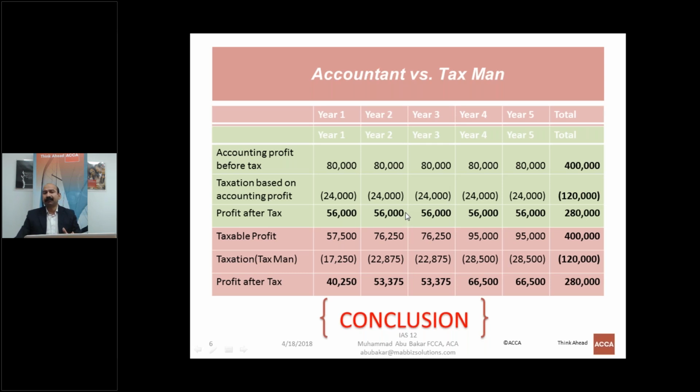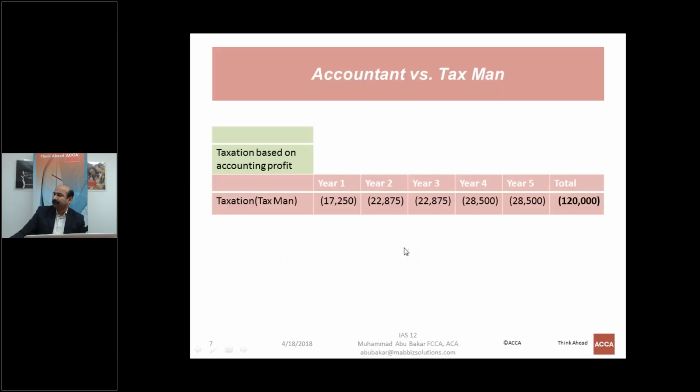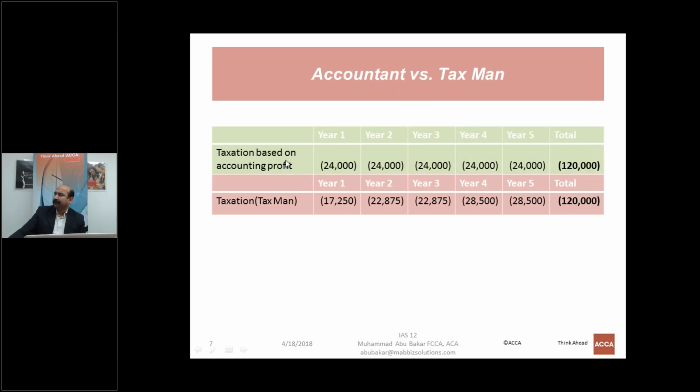And at the end of the life of the asset, you will find that taxation related to this asset is the same, as per accountant and the tax law calculation. And we know that this temporary difference is termed as... here we can see that these are the taxation based on accounting profit, and this is as per the tax law. These are the taxations. Total is the same.